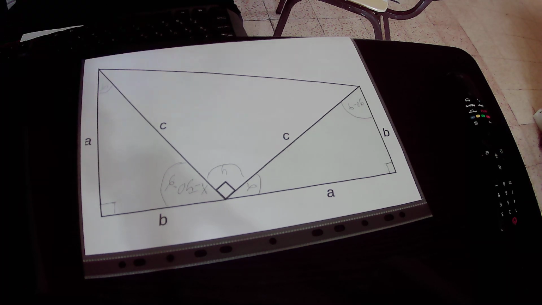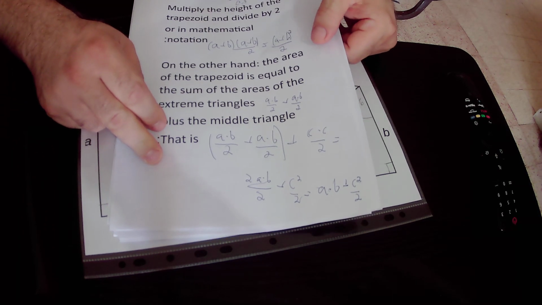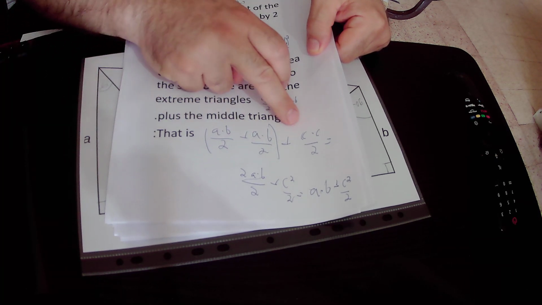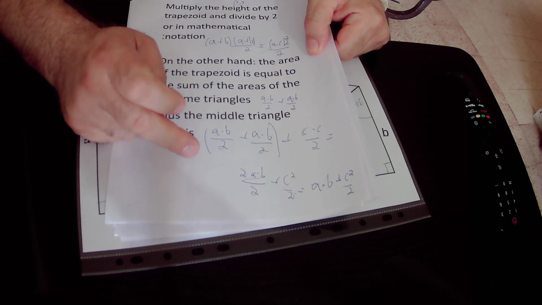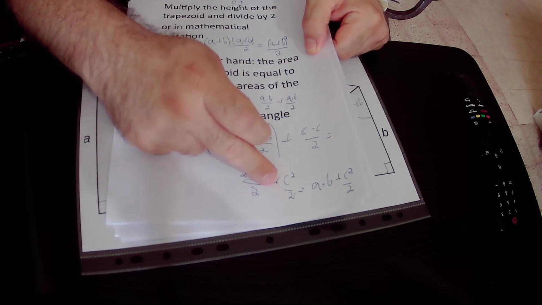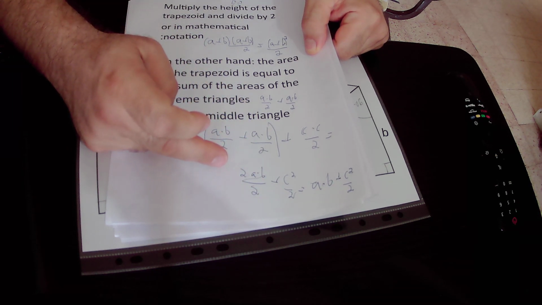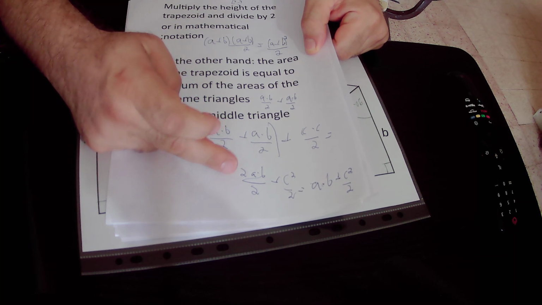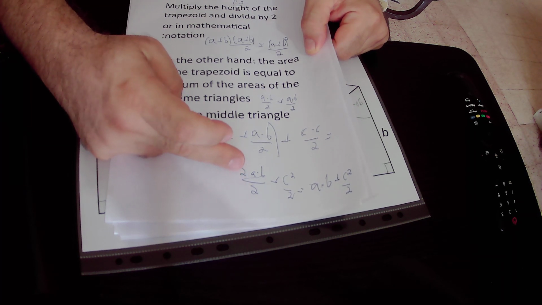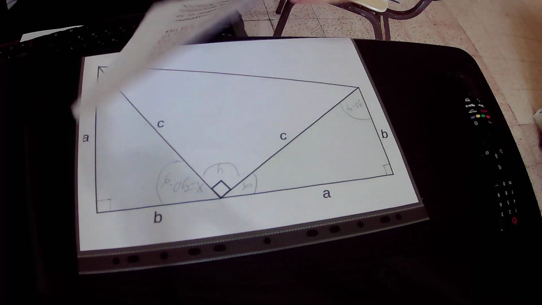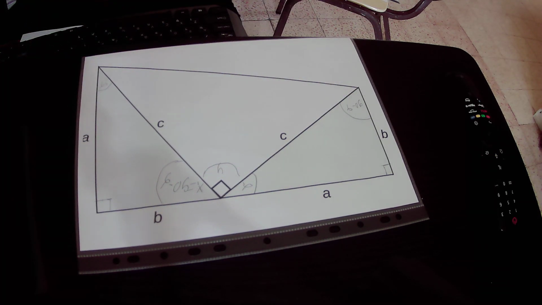As you can see here, that equals 2AB divided by 2 plus C squared divided by 2. It is actually A times B, because 2 divided by 2 is 1.